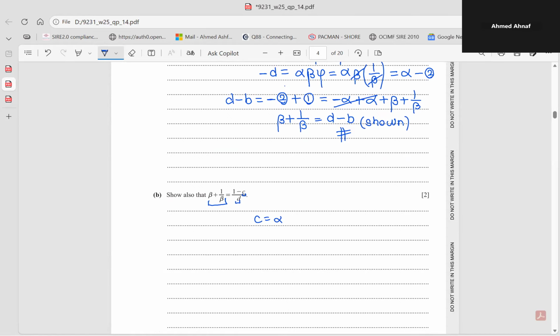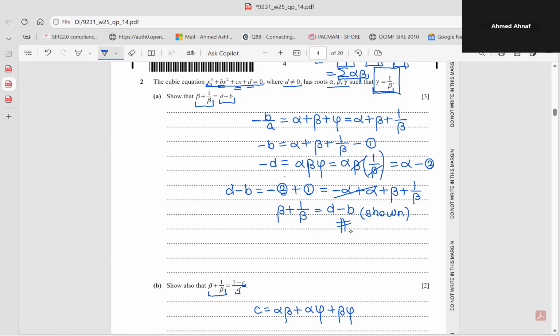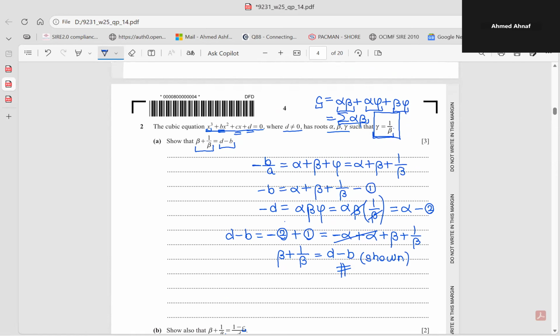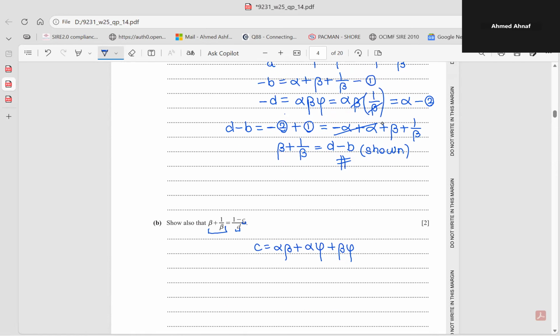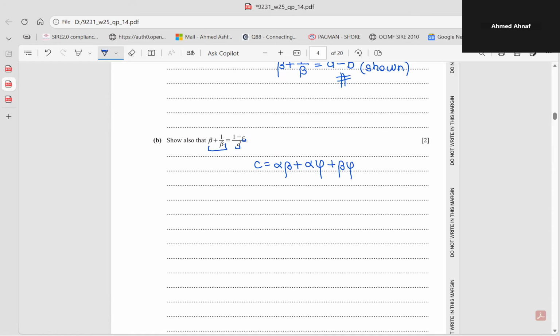So alpha beta plus alpha gamma plus beta gamma. Now we're going to put in the 1 over beta. So this is just going to be alpha beta, then gamma is 1 over beta, so alpha times 1 over beta, plus beta times 1 over beta.